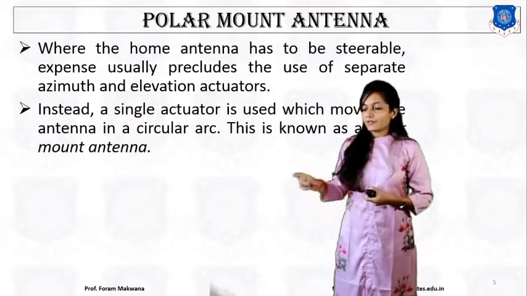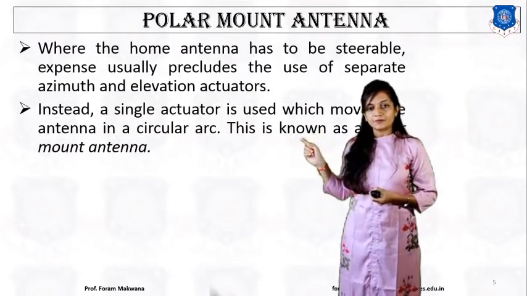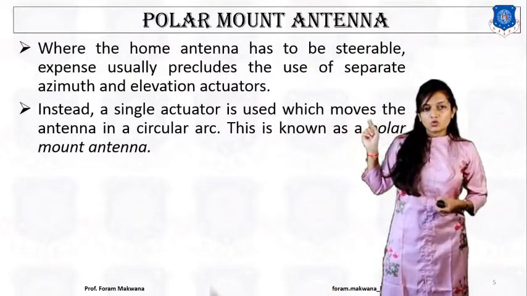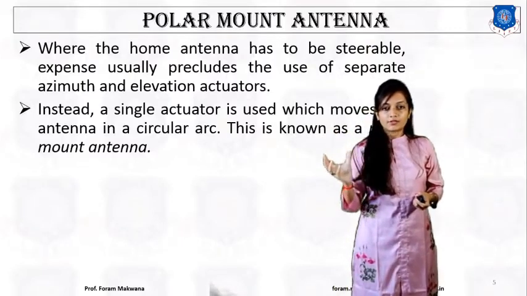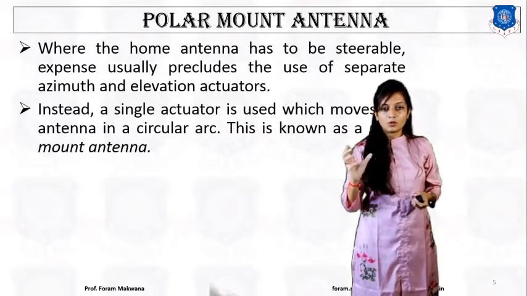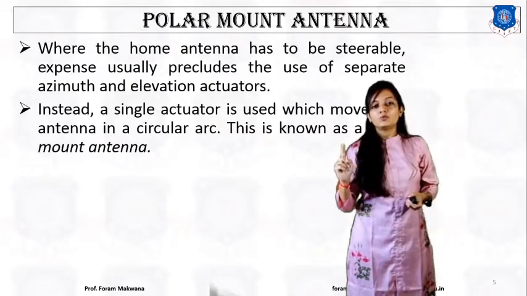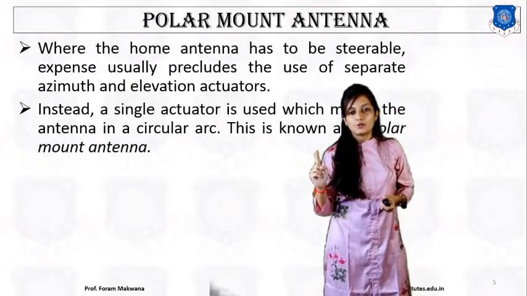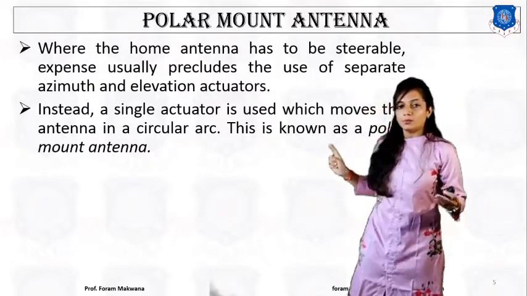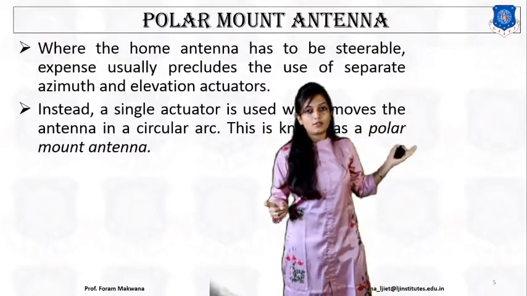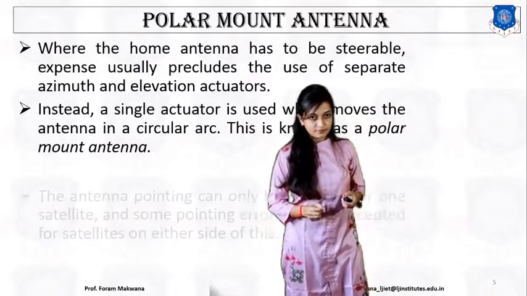So instead of using separate actuators to move the antenna in a circular arc, whether horizontally or vertically, we are going to use a single actuator, which is known as the polar mount antenna.